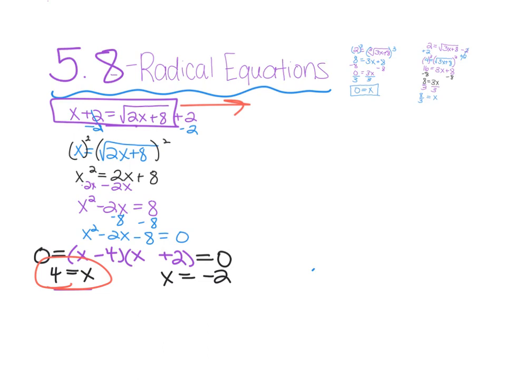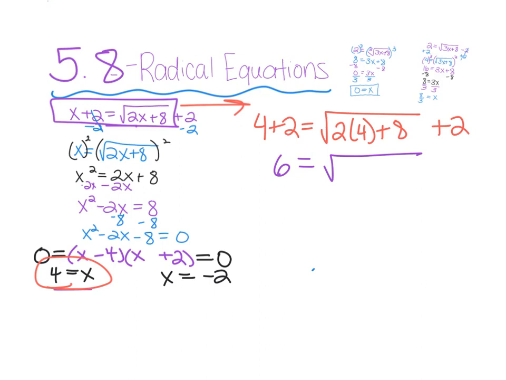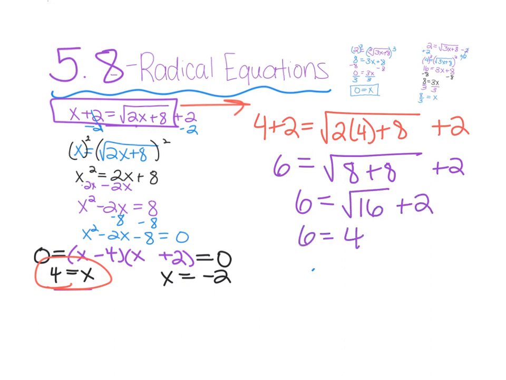So I get 4 plus 2 equals the square root of 2 times 4 plus 8, plus 2 on the outside. 4 plus 2 is 6 equals the square root of 4 times 2, which is 8, plus 8, plus 2. 6 equals the square root of 16 plus 2. Square root of 16 is 4. And 6 equals 6. So I know that 4 works.